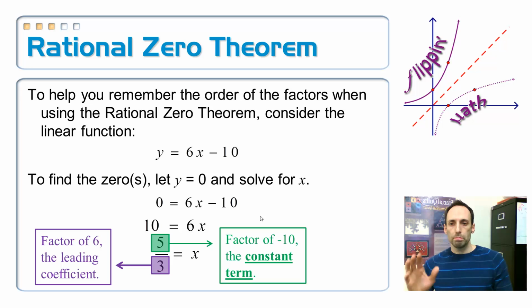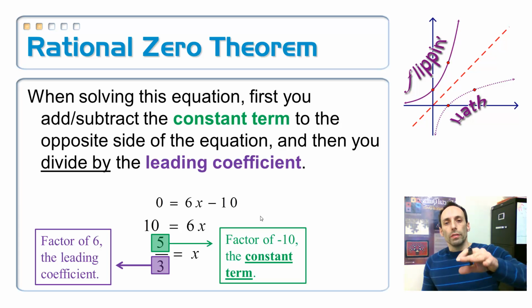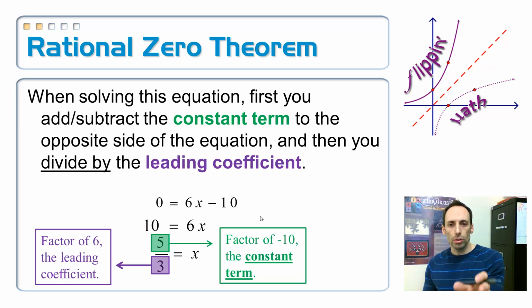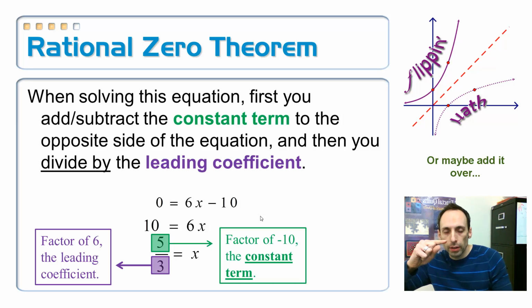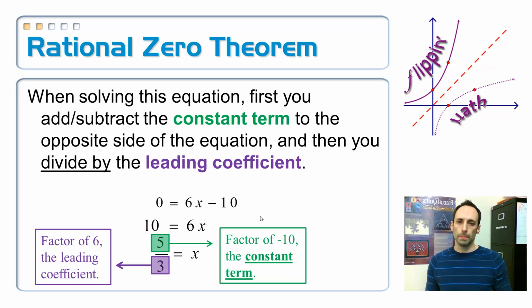So, the best way to remember this is just right here. Whenever you go to solve an equation as simple as this, and each one of your zeros is a linear term, the things that are in parentheses, you would subtract over the constant term, and then you would divide by the leading coefficient. So the leading coefficient is always the one that's on bottom.